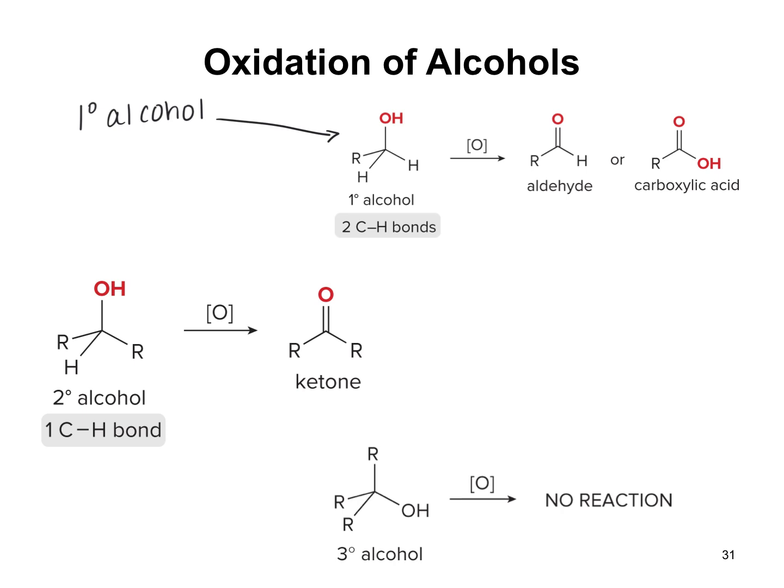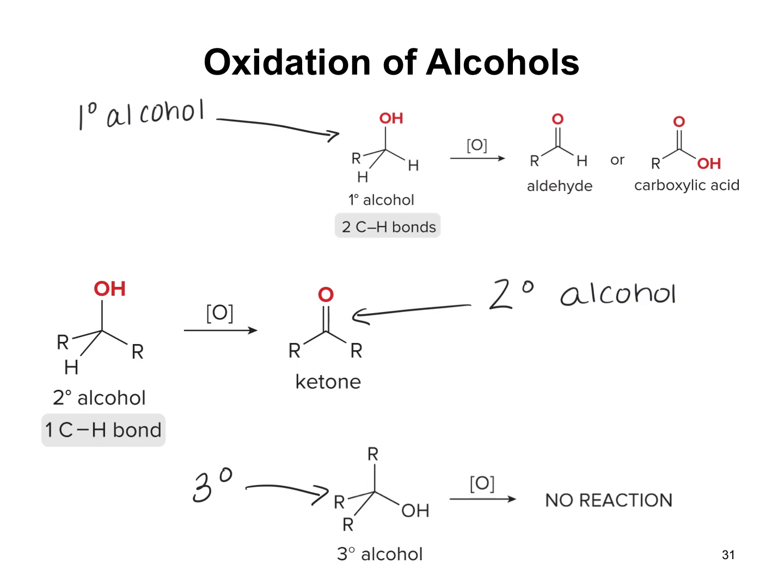Then secondary alcohols, which are shown here, are oxidized to ketones by replacing one carbon-hydrogen bond with a double-bonded oxygen here. And then if you have a tertiary alcohol, you don't get any reaction because you don't have any carbon-hydrogen bonds to react. For alcohols to undergo oxidation, you have to have carbon-hydrogen bonds, and tertiary alcohols just don't.